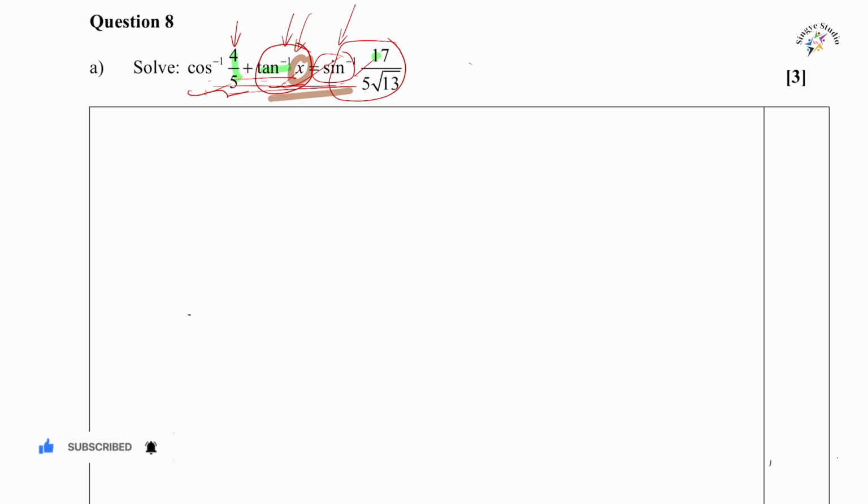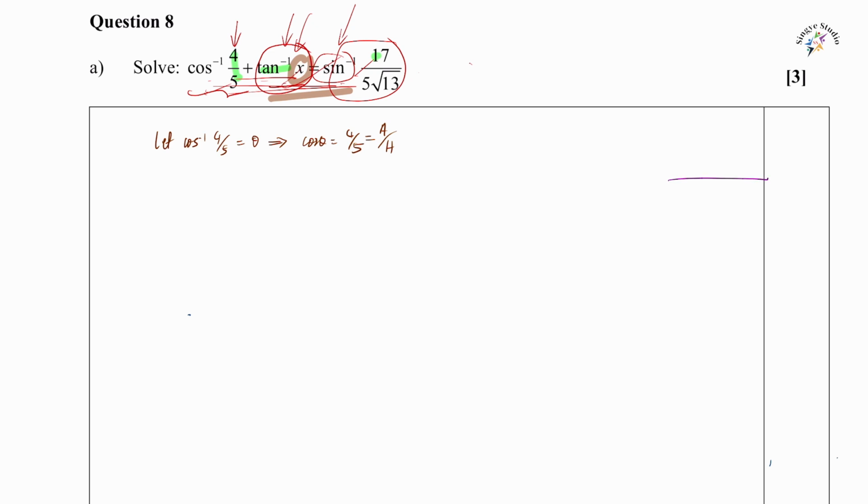Here, to make this into tangent inverse of something, we have to use the right angled triangle. Let cosine inverse of 4 by 5 equal theta, such that cosine theta equals 4 by 5, which is adjacent by hypotenuse.